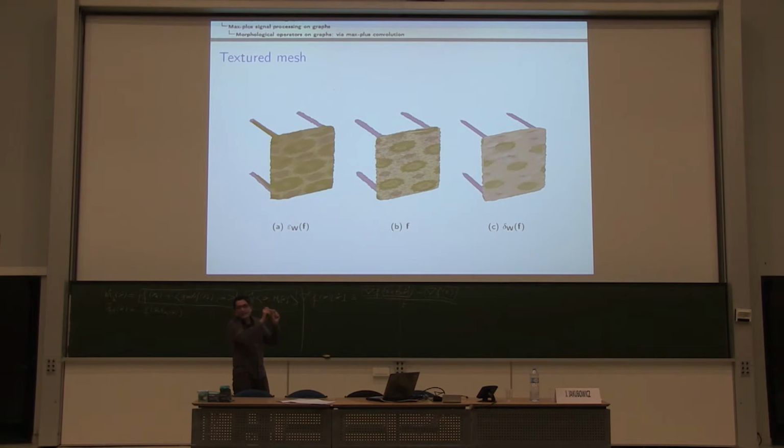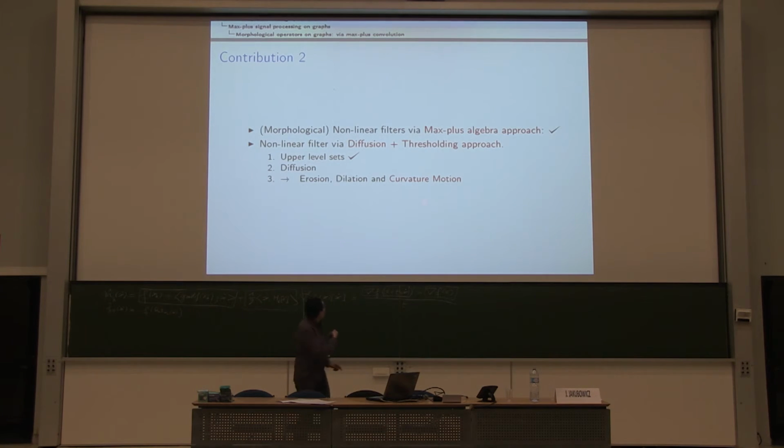Here I apply it in each of the 3 channels in each node. So we have a larger light object in the dilation, and the darker objects are larger in the erosion. That is a classical result in image processing, but we now apply it in graph theory in a proper way. So we have this max plus algebra approach.